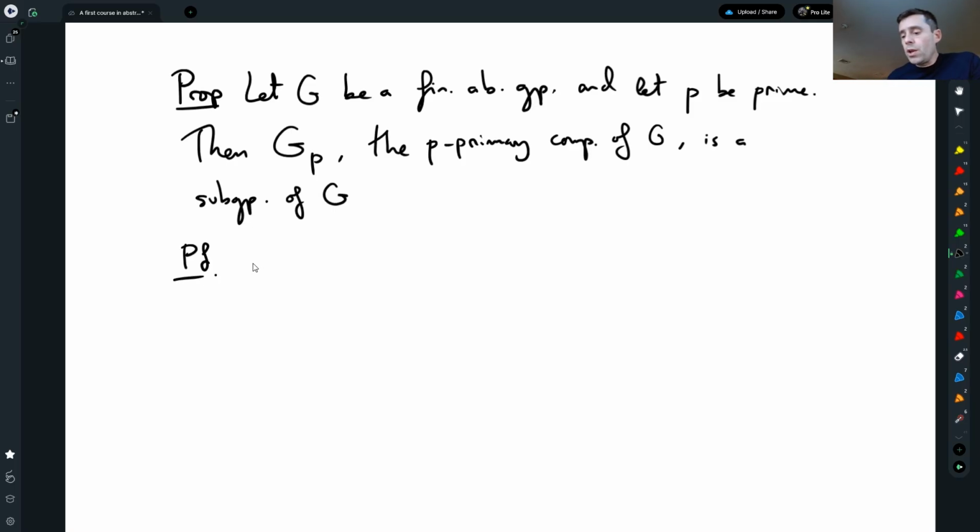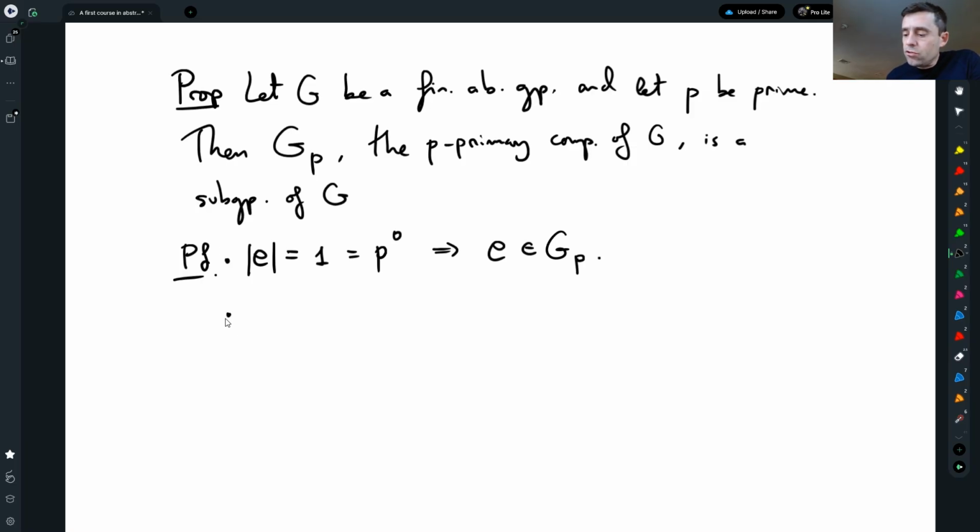First of all, note that e is in G, and the order of e is just 1, which is P to the 0, and that tells me that e is always in the P primary component for any P.